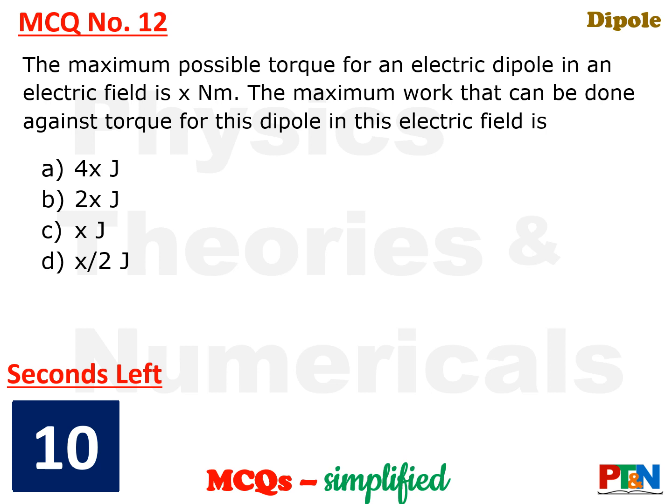Next MCQ, in fact last MCQ for this video. The maximum possible torque for an electric dipole in an electric field is x Newton meter. Now the maximum work that can be done against torque for this dipole in this electric field is 4x joule, 2x joule, x joule, or x by 2 joule. 4 options. 10 seconds time for you.